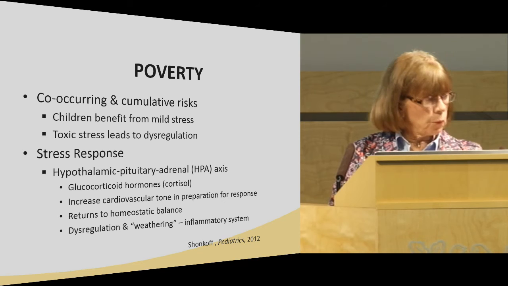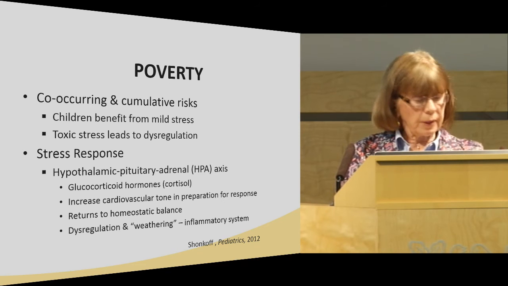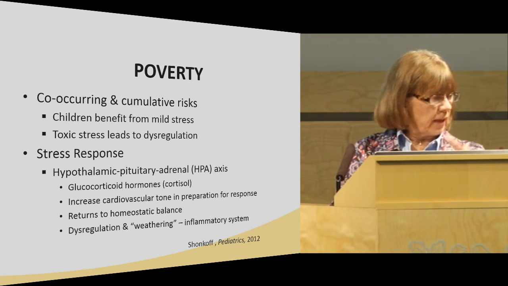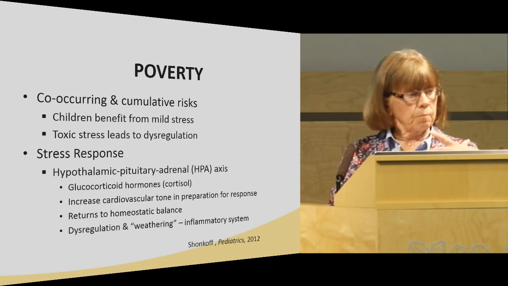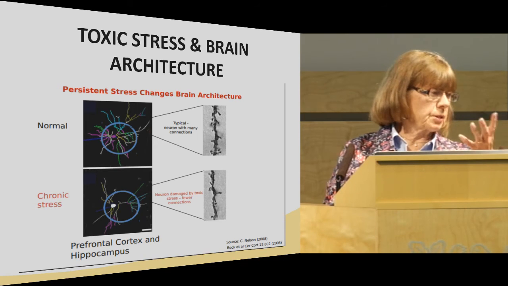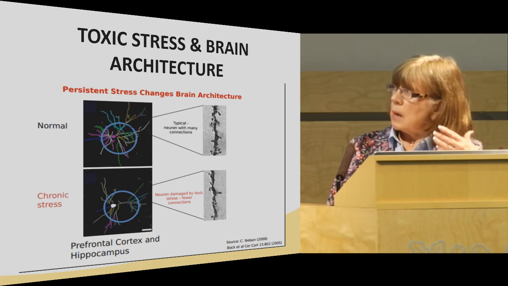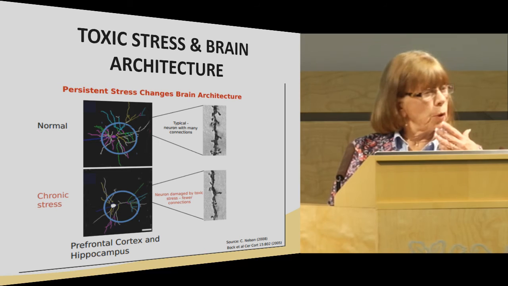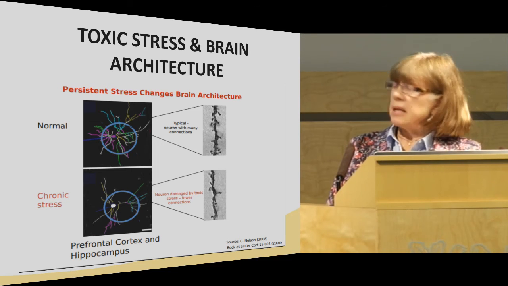But if there's a dysregulation, then there's a weathering that can occur, and the inflammatory system can be dysregulated, and one can then be at risk for disease and for both physical and mental illness.